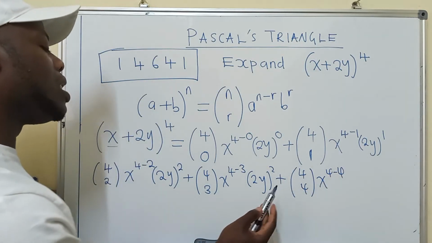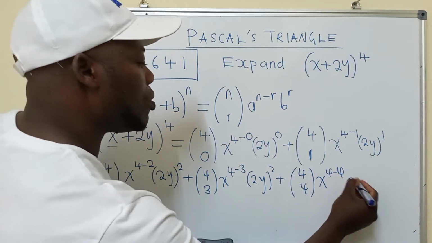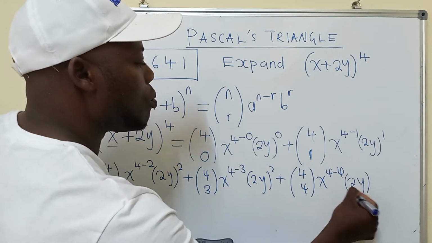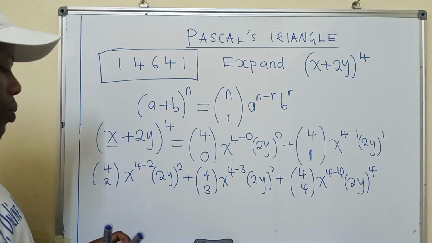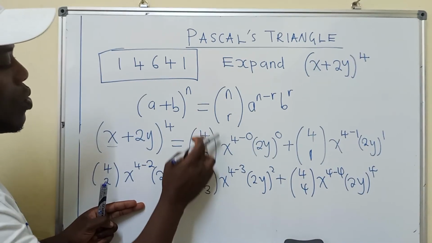So this is where we need to end, because we have seen 4 and a 4. So we shall have 2y power 4. Okay.